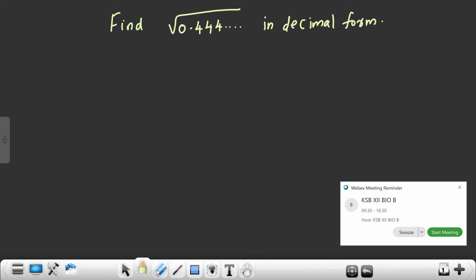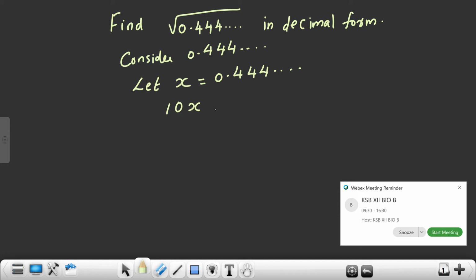So consider the fraction. Consider 0.4444, etc. Here 4 is repeating. So first take h is equal to 0.44444, etc. 4 is repeating, only one digit is repeating, so multiply by 10.